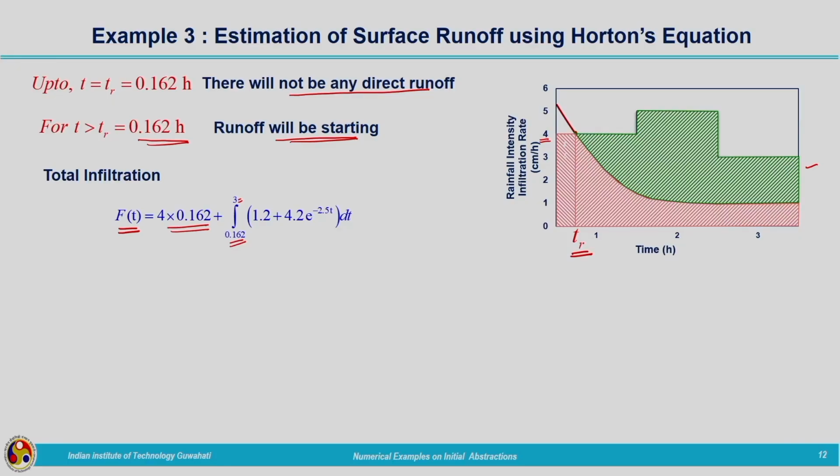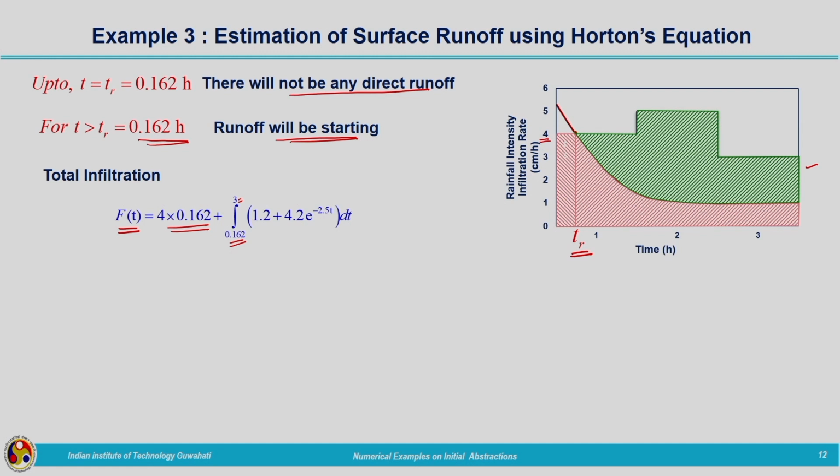After t equal to TR, till the end of the rainfall, we can calculate the cumulative infiltration by integrating the infiltration rate equation, that is small f of t can be integrated between that time duration, which will be giving us the cumulative infiltration corresponding to time between TR to Tmax.